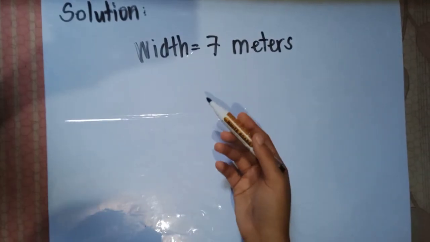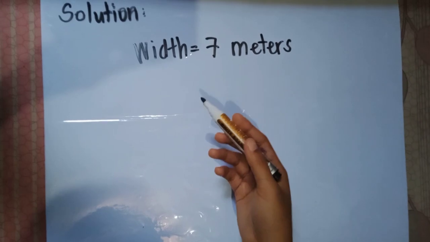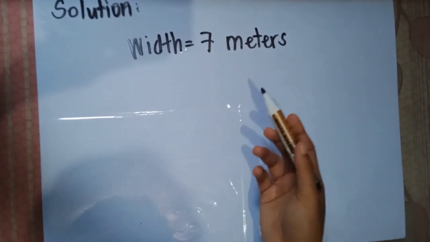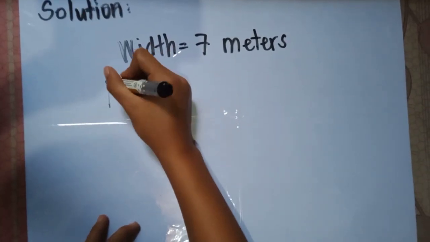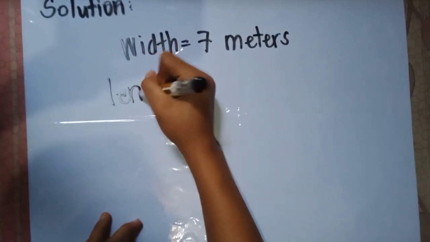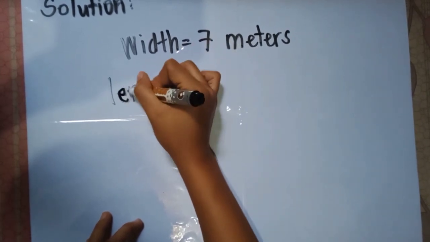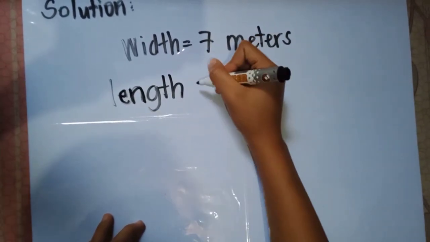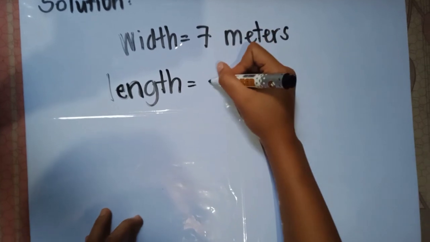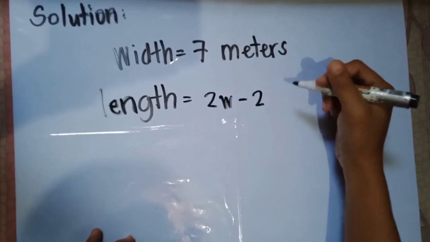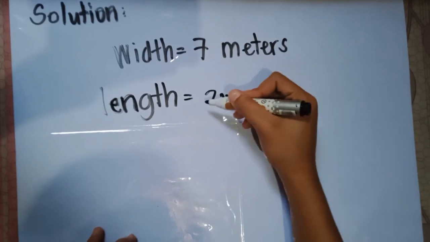Since we already have the value of the width, which is 7 meters, in order to get the length, we need to substitute the value of the width. Length is equal to 2 meters less than twice its width.